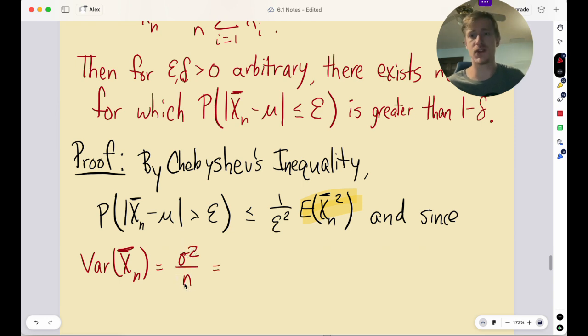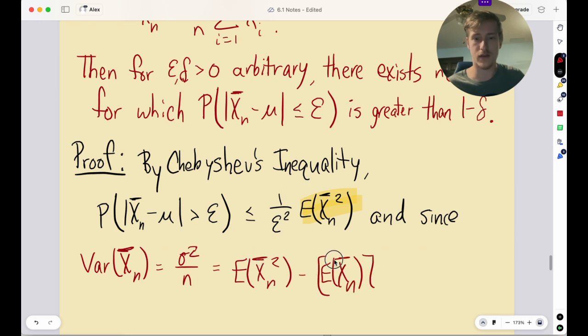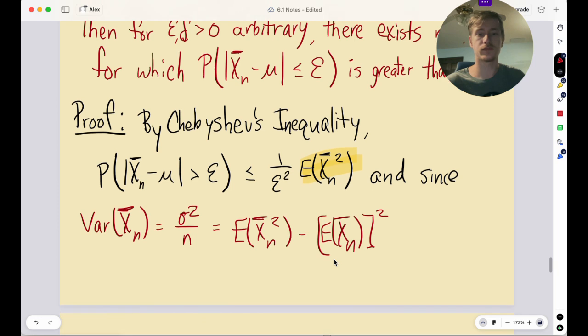But the variance of a distribution, by definition, is the expected value of xn bar squared minus the expected value of xn bar, quantity squared, which is equal to the expected value of xn bar squared minus, and this is just mu, since the expected value of xn bar is always going to be mu, mu squared.